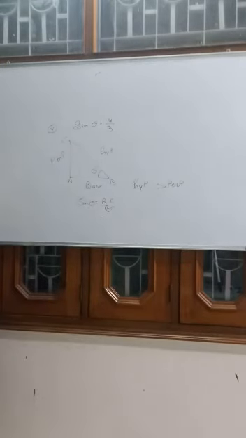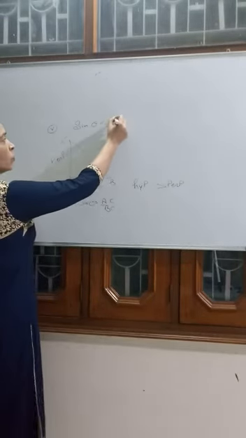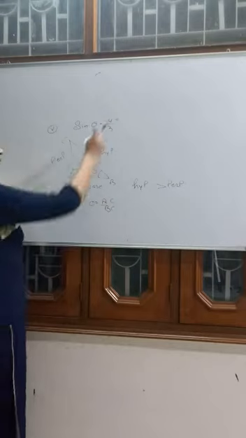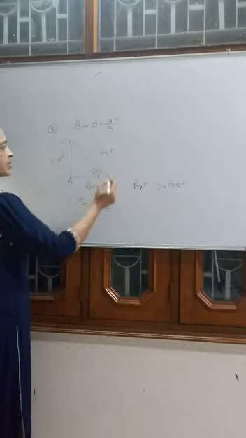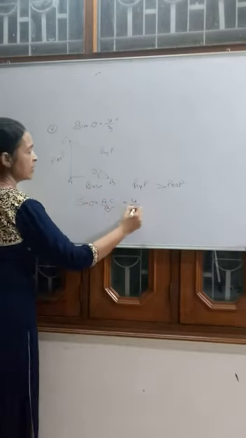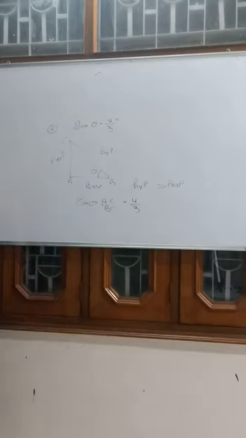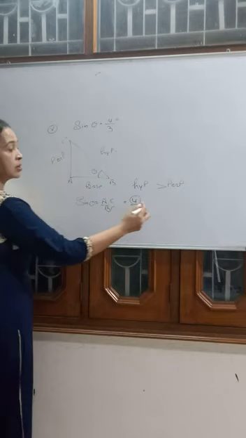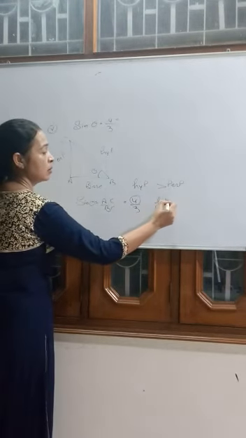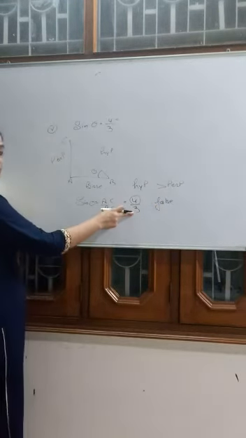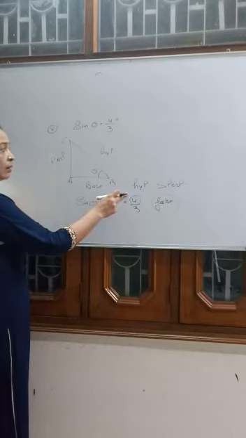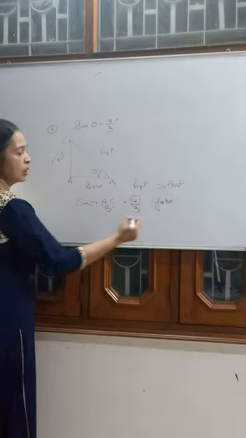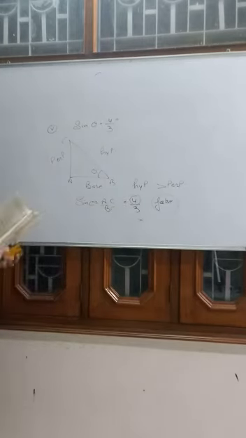Here it is given sin theta equals 4 by 3. What is this? Perpendicular. What is this? Hypotenuse. And it can't be true because here hypotenuse is lesser than the perpendicular. Therefore, this is false. Hope you all understood.